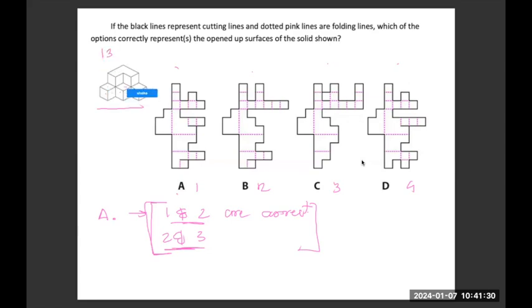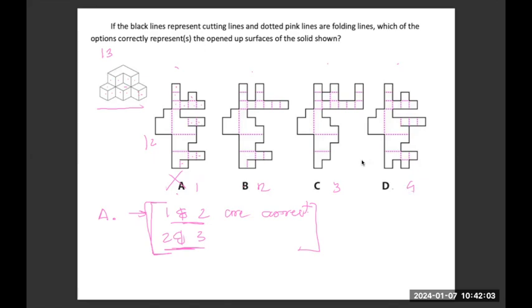1, 2, 3, 1, 2, 3, 1, 2, 3. So 9, 10, 11, 12, 13. When I count the number of squares in the first figure, 1, 2, 3, 4, 5, 6, 7, 8, 9, 10, 11, and 12. There are 12 squares there. So A is not possible. Next, I compare the number of squares in B, C, and D; all of them have 13.